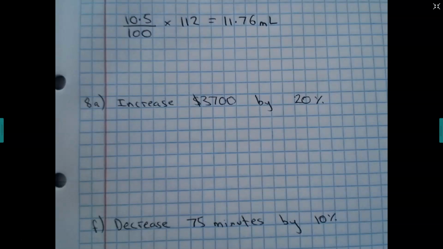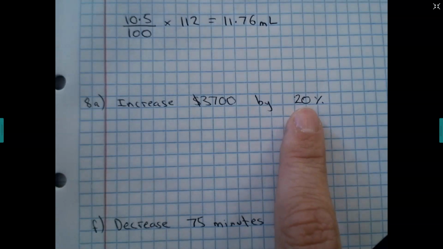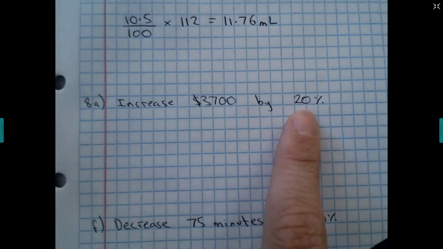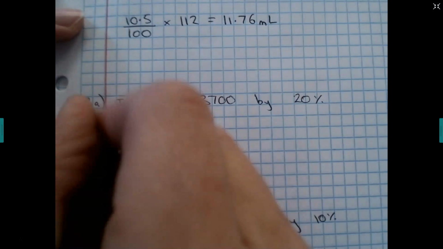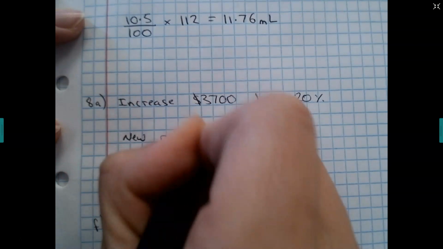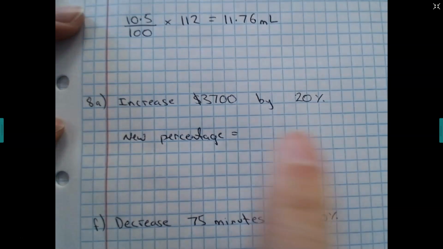Or, what we could do is our new percentage, if we're increasing this by 20%, we would want to go new percentage equals.